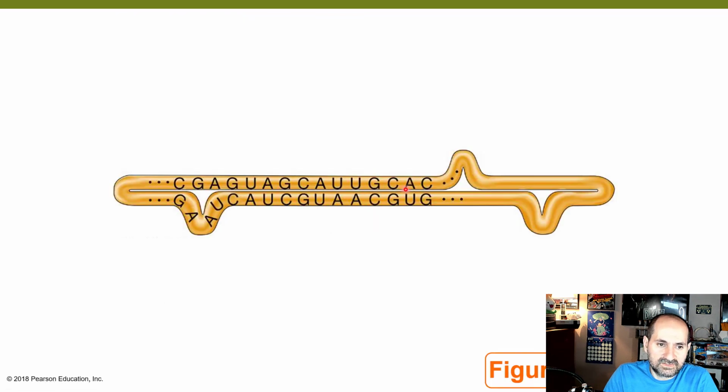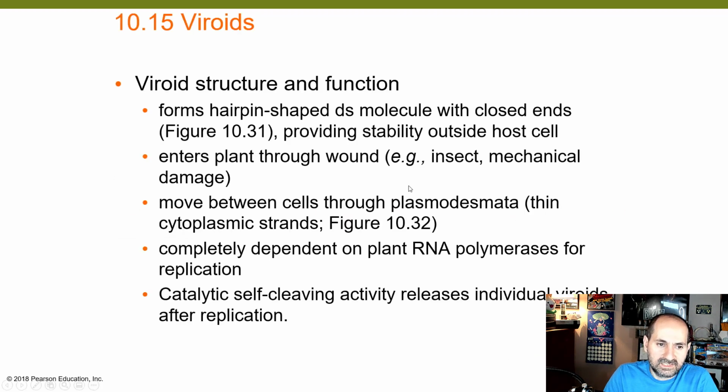Obviously this thing doesn't have a capsid or spike proteins, so the only way to get it into a plant is through a wound. For example, if an insect, like termites or something, introduces it or makes a hole in the wood, some kind of mechanical damage in the plant, then you could introduce this viroid.